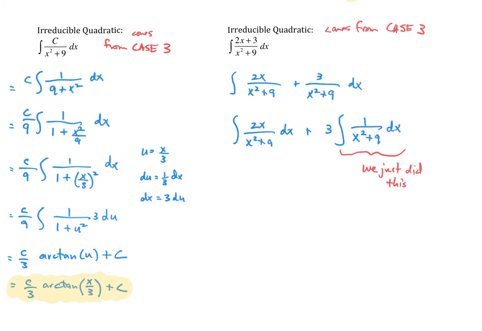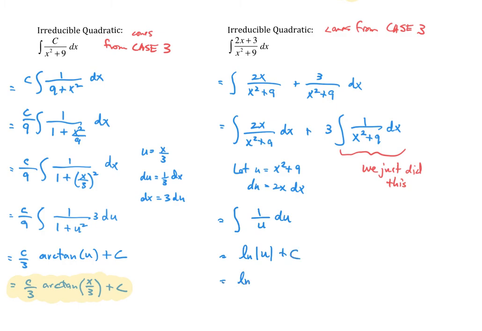So we're going to let u equal x squared plus 9. This makes du equal to 2x dx. This 2x dx is really right here, 2x dx right there. So after I substitute, I'm going to have the integral of 1 over u du. And that's just equal to the natural log of the absolute value of u plus some constant c.